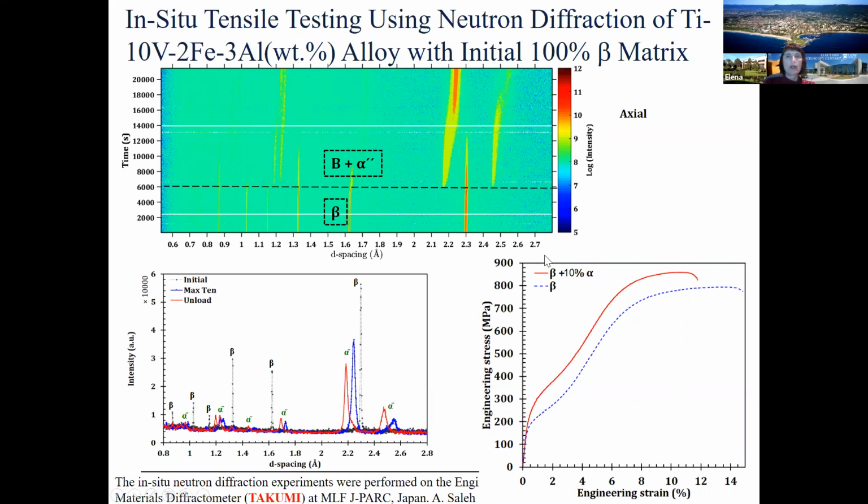And if we have material with higher stability of beta phase, because a bit of alpha phase formed, it means that beta stabilizing elements are diffusing back to the remaining beta phase and increasing its stability. So we could see that triggering stress also increased for this material when it has more alpha phase compared to 100% beta phase.